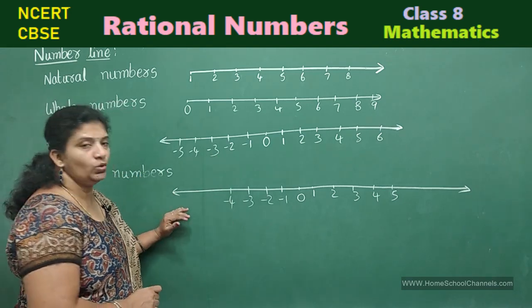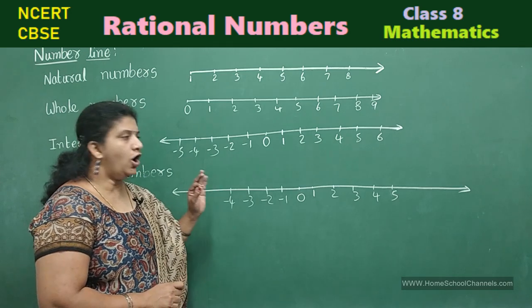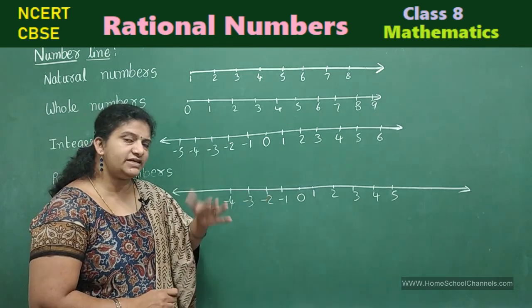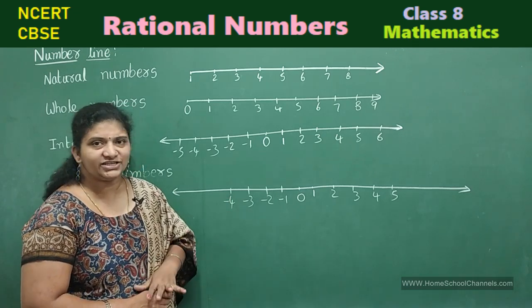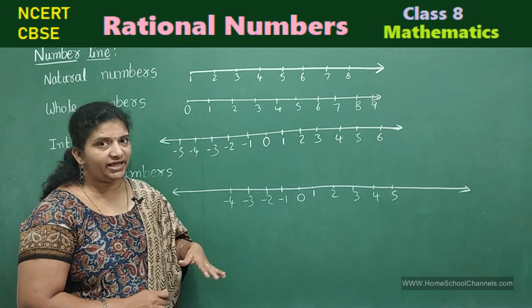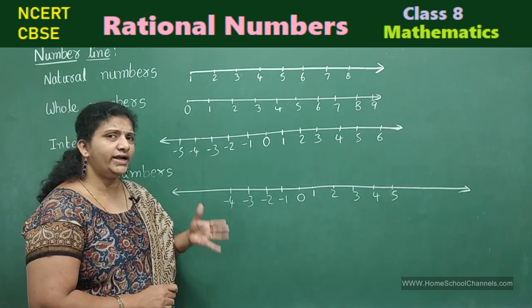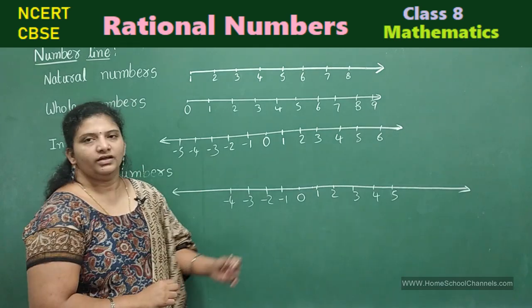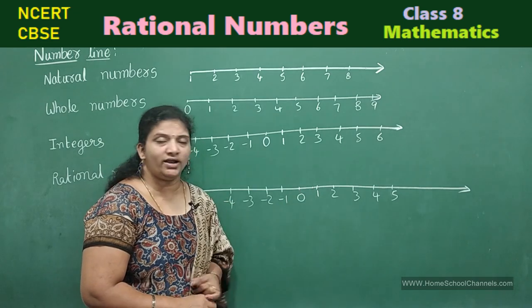Now coming to rational numbers on a number line. All the numbers are subsets of rational numbers. Natural numbers will be there in rational numbers, whole numbers will be there, and integers will be there. Then what is extra here? Can you see any rational number in between 0 and 1?